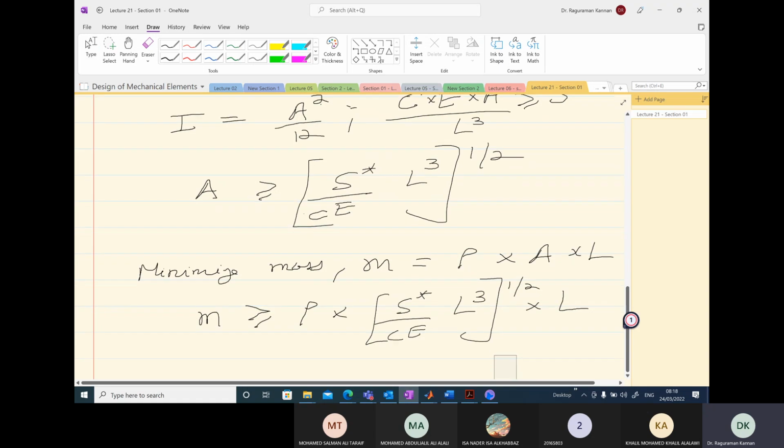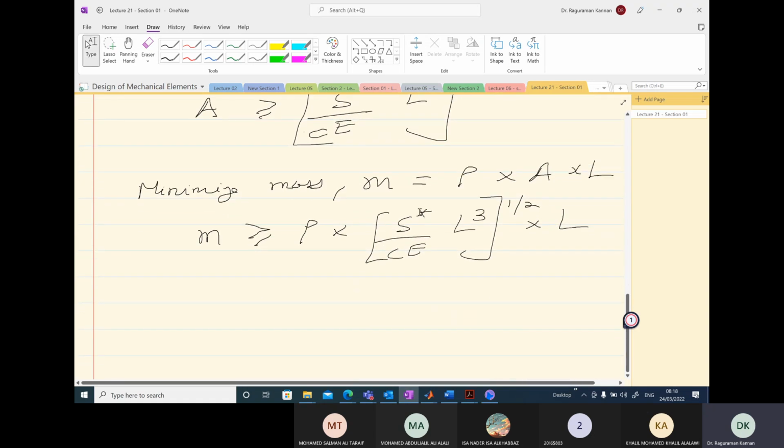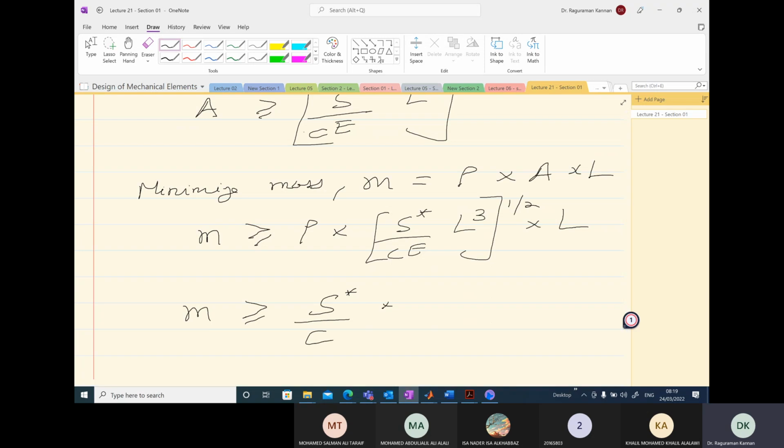Now we can group the material properties together. Stiffness is not a material property, it is a functional property. So now I can write M greater than or equal to, group all the functional terms, let's say S star over C, we group it together. The geometric terms we can group together, which will be L raised to the power 3 over 2 plus 1.